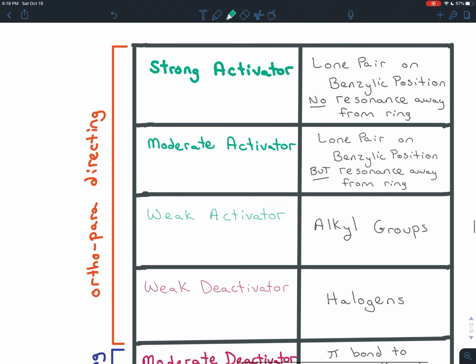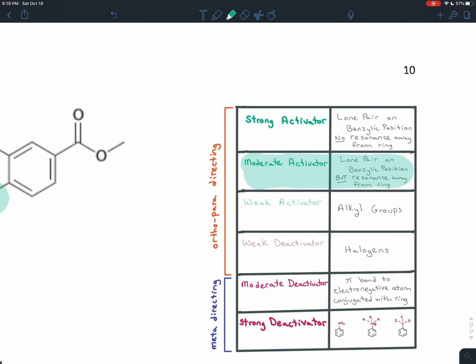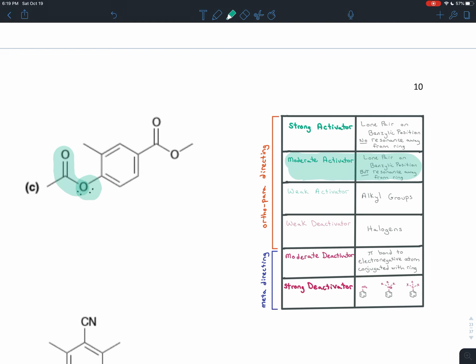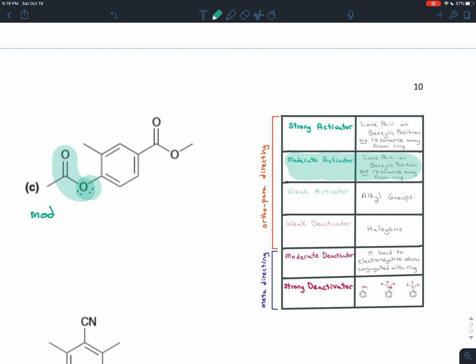So if you have a lone pair on the benzylic position, but resonance is pulling it away from the ring, then that is a moderate activator. And all moderate activators, all activators in general, are ortho-para directors. So this is an ortho-para director.